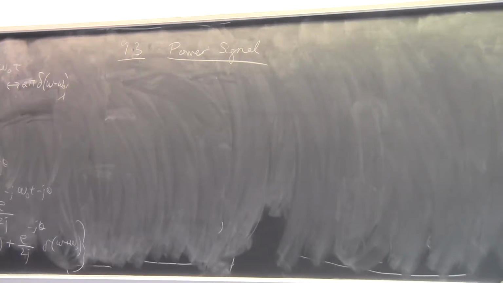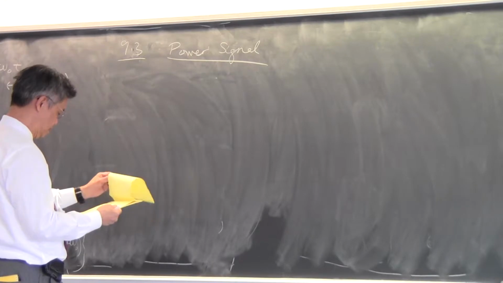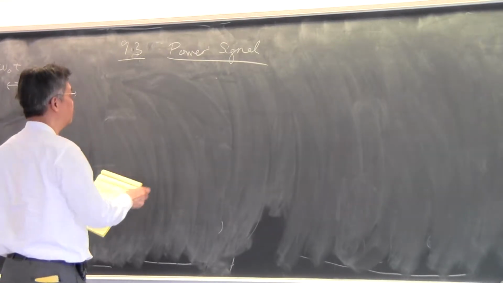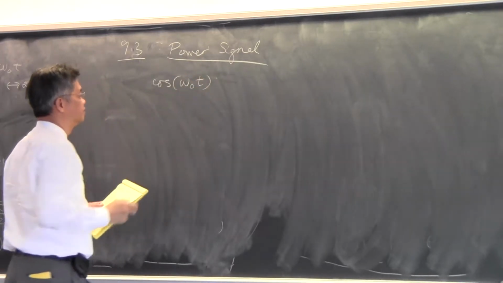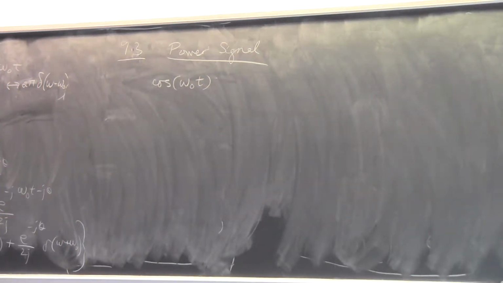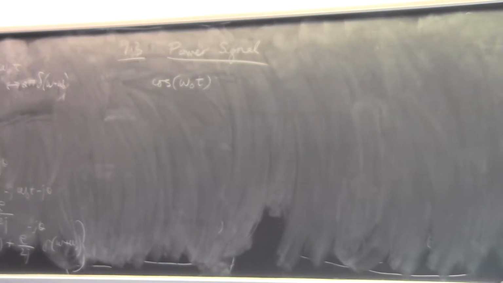Examples of power signals are like cosine of omega naught t. This is a power signal because at every instant in time you can compute this power. Power is proportional to the square of this signal, which is finite. But this is a time harmonic signal. It goes on forever. So the energy that it has is actually infinite.